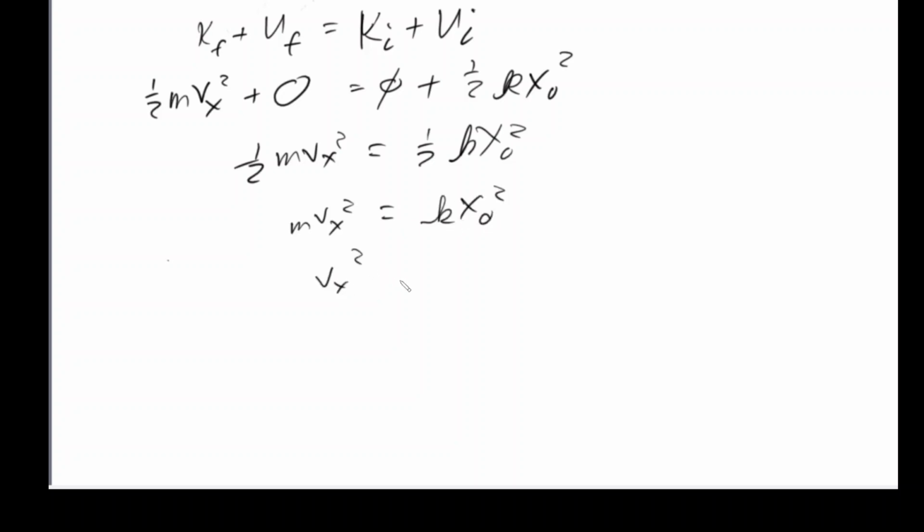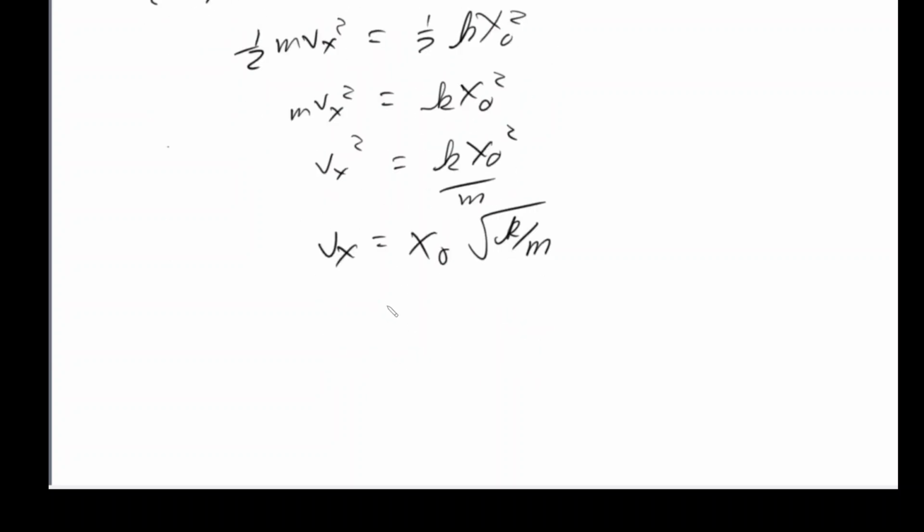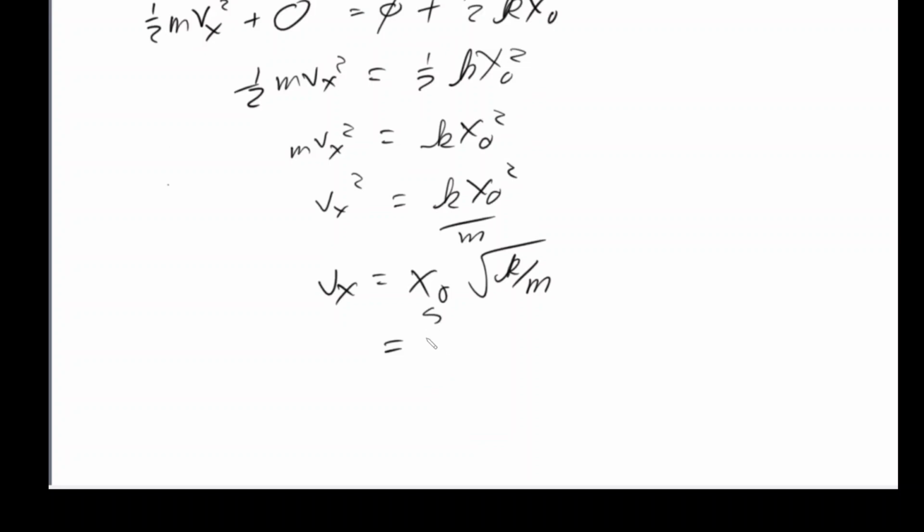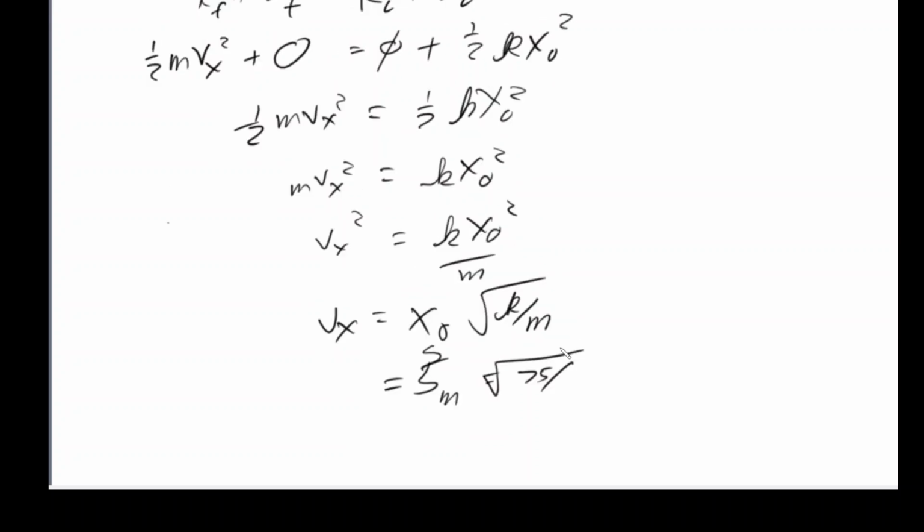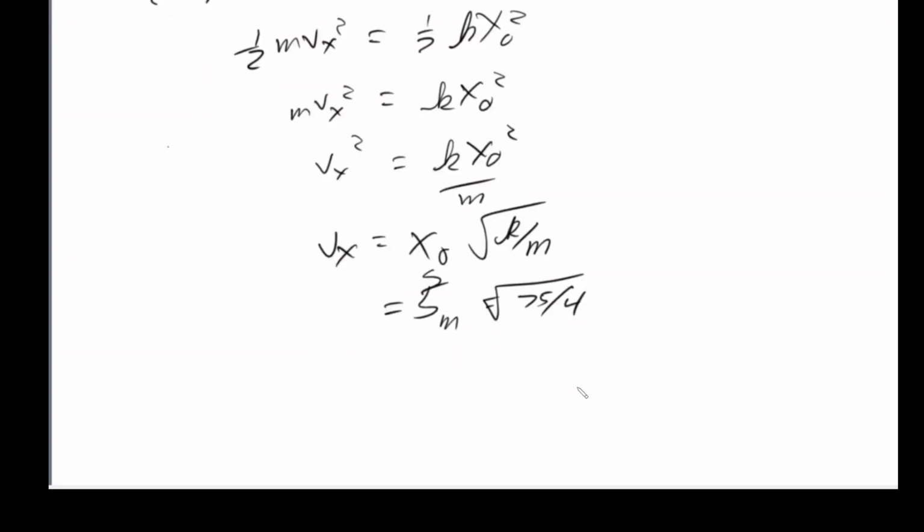vx squared is equal to k x0 squared over m, or vx is equal to x0 times the square root of k over m. And we know these amounts. x0 is the amount of compression, 5 meters, times the square root of k, which is 75, over the mass, which is 4.